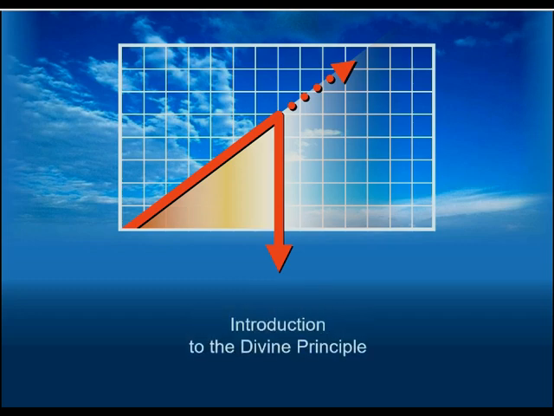So let's start this introduction of the Divine Principle. Divine Principle has two parts. The first part has 7 chapters, and the second part has 6 chapters. The second part also has an introduction, but that introduction is related to the restoration part.